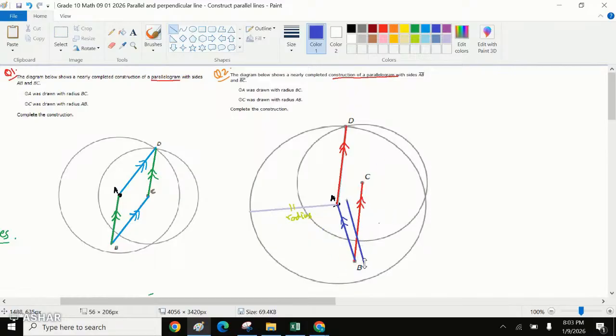If this line is parallel, that means this parallel line to AB can be anywhere on the shape, but it needs to complete a parallelogram. So can we put it over here? If we say AB is parallel to DC, right? If we make DC a parallel line to AB, right?